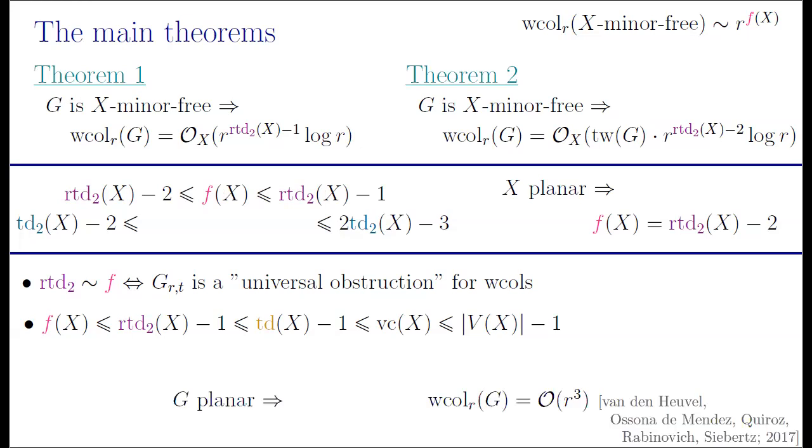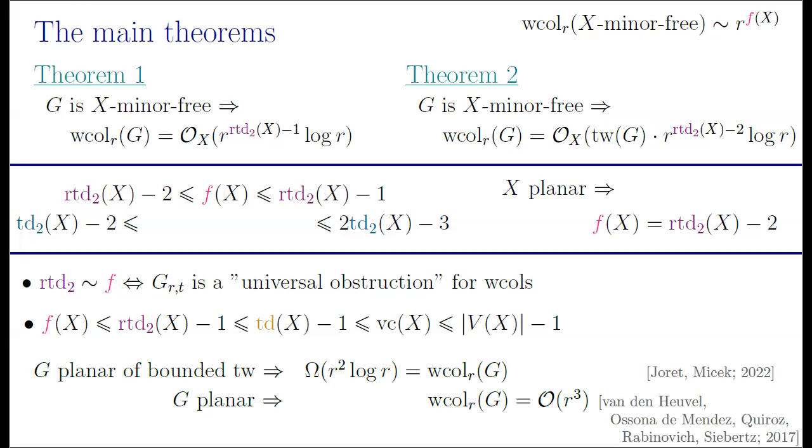And finally, in this discussion, I want to mention the planar case, but not X planar, but G planar. If G is planar, then we know that there is a cubic bound. There is also a lower bound R squared log R, and this lower bound has this nice property that the construction has bounded treewidth by some absolute constant.